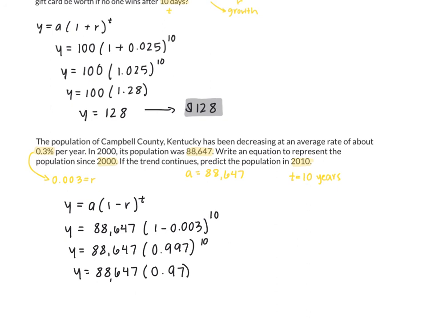And then lastly, we want to multiply our initial amount, which was 88,647, by 0.97, and that is going to give us 88,381, and we will round it to a whole number because we're talking about people. So in 2010, we can expect that our population will be approximately 88,381 people.